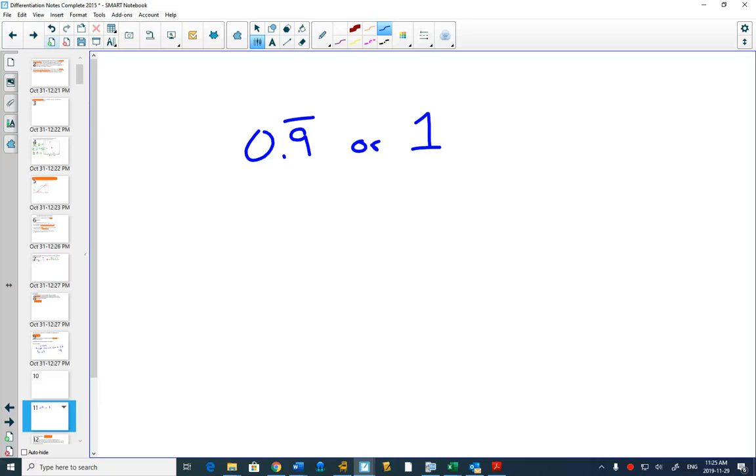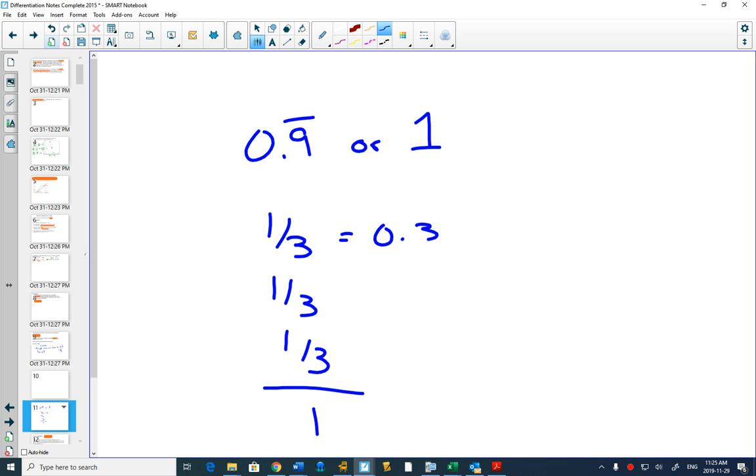Now, we could prove this in a couple of ways. One was just looking at the pattern. 1/9 is 0.1 repeated, 2/9 is 0.2 repeated, 3/9 is 0.3 repeated. So therefore, 9/9 has to be 0.9 repeated. But that doesn't seem very logically based. So sometimes people do, well, we could add fractions, 1/3 plus 1/3 plus 1/3. If you add them, you get 1, right?